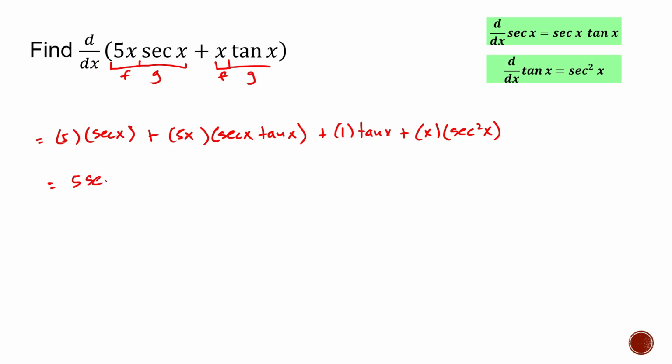This is 5 secant x plus 5x secant x tangent x plus tangent x plus x secant square x. And I believe we can't combine anything here, so this is going to be our final answer.